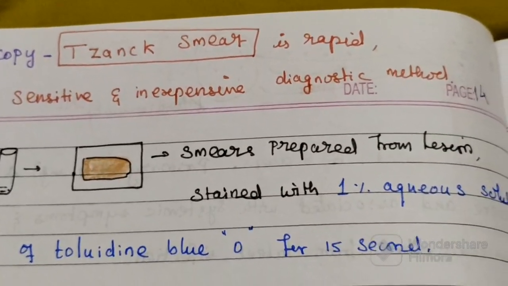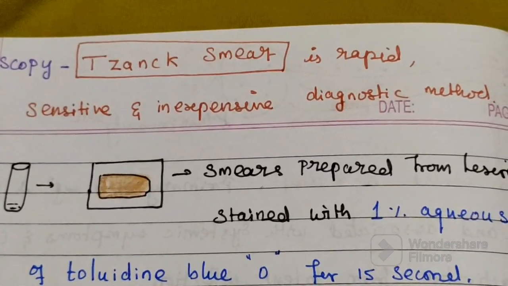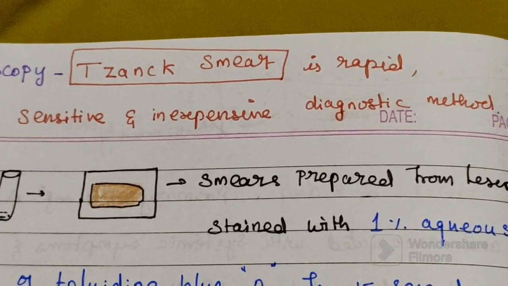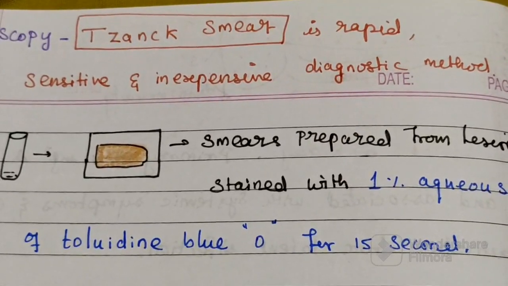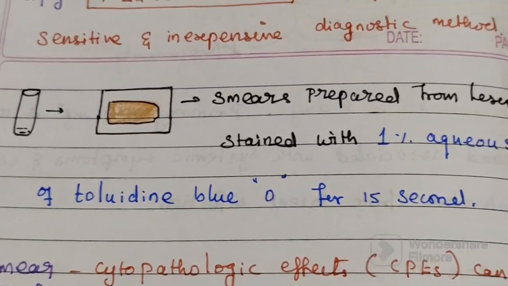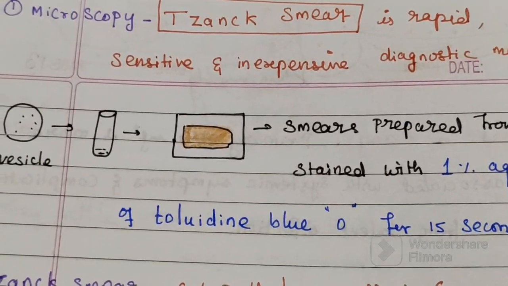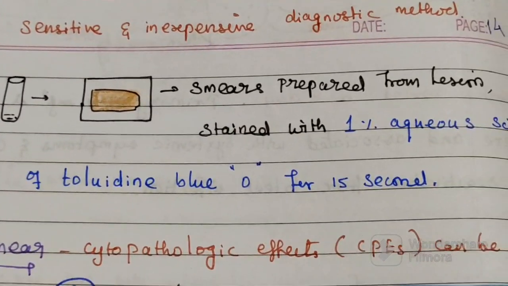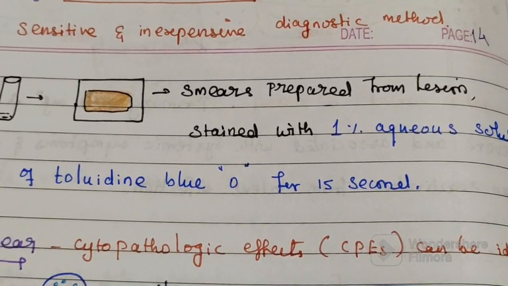First, the microscopic method. There is a special smear for herpes virus, called the Tzanck smear, only for herpes virus. Take a specimen and prepare a smear from the lesion, from the base of the vesicle, and stain it with 1% aqueous solution of toluidine blue O for 15 seconds.